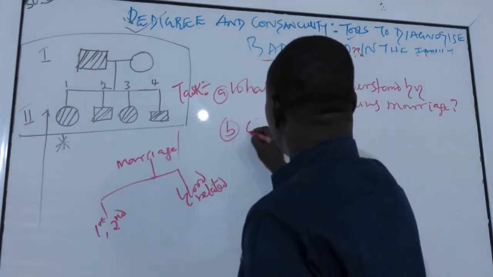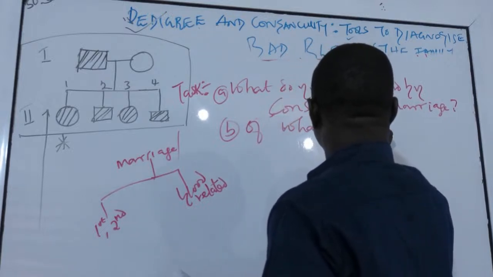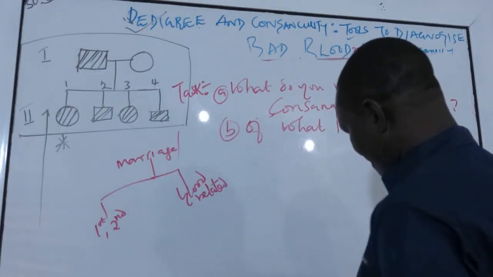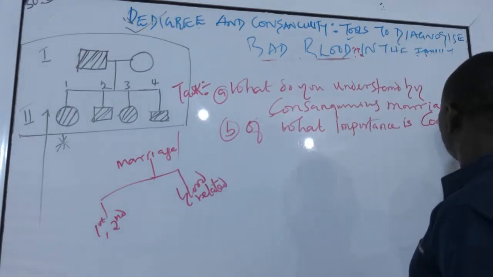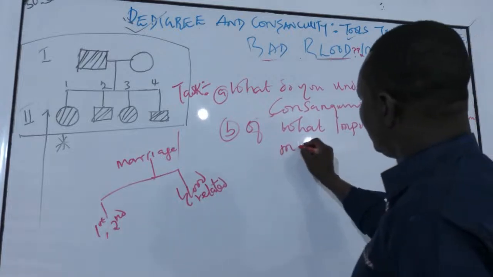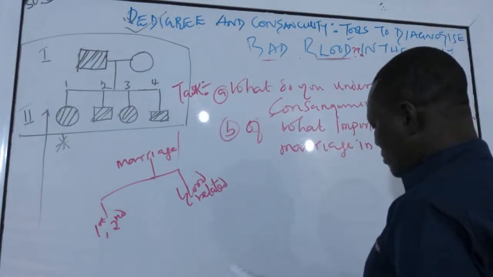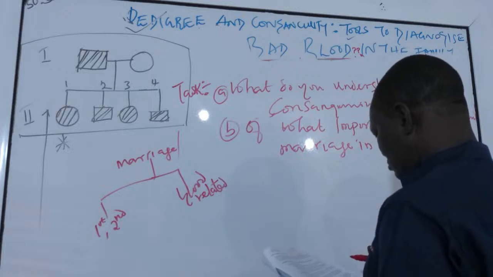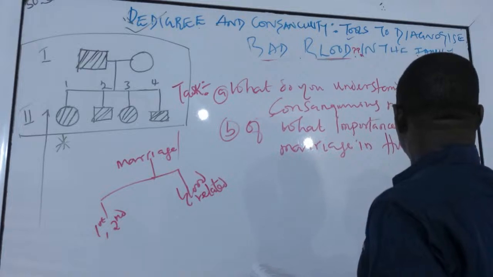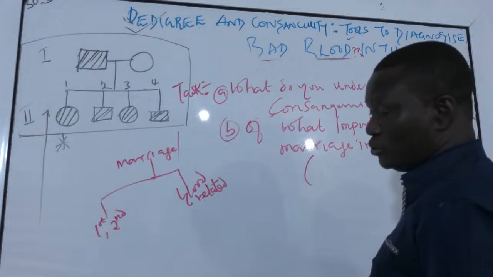B, of what importance is consanguineous marriage in medicine, in human genetics?